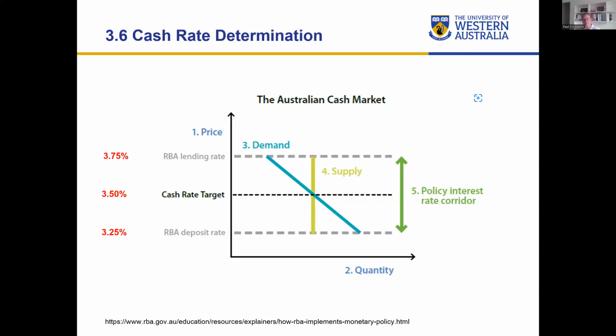So even if there were a group of banks who looked at the Reserve Bank and said, we don't want to move the cash rate up to 3.75, we want to keep it at 3.5, it just wouldn't work. Because what the Reserve Bank would then do is come into this market and start withdrawing money out of this market. It would do that by selling bonds. The banks would buy the bonds and pay the central bank for the bonds, and money would leave the market.